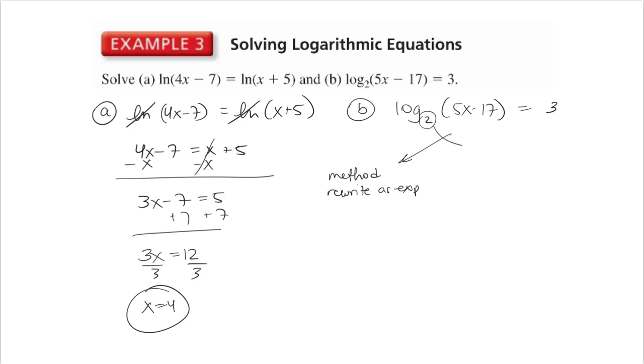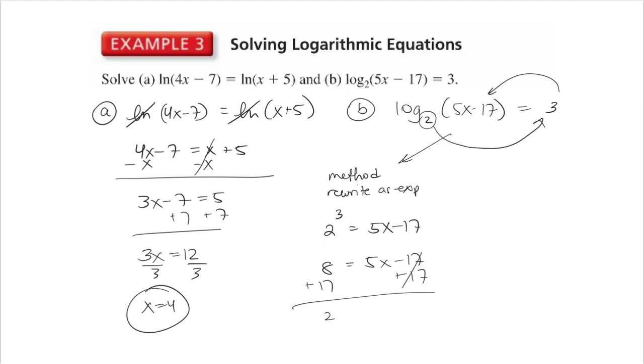We take the base to the third power, so 2 cubed equals the of part, 5x minus 17. So you do the math. 8 equals 5x minus 17. You add 17 to both sides. 25 equals 5x, and you divide by 5. And you get that x equals 5.